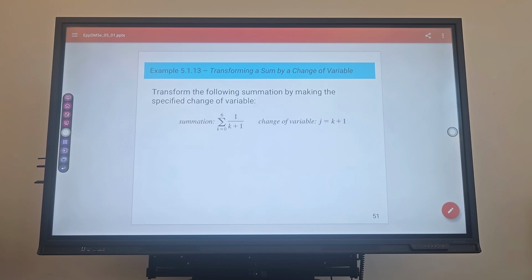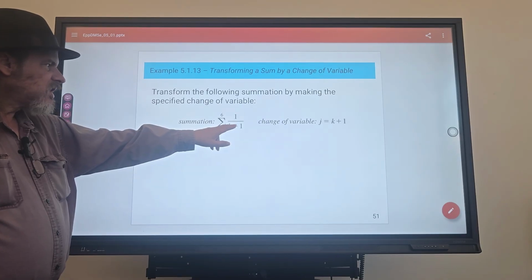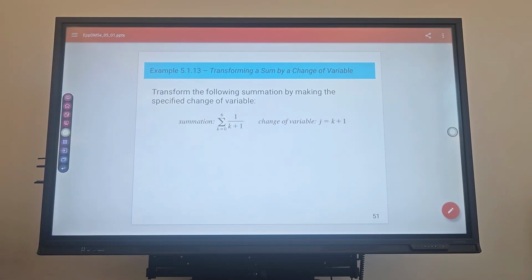Transform the following summation by making the specified change of variable, j equals k plus 1. J equals k plus 1, so you could just substitute the k plus 1 for j here and make it 1 over j.